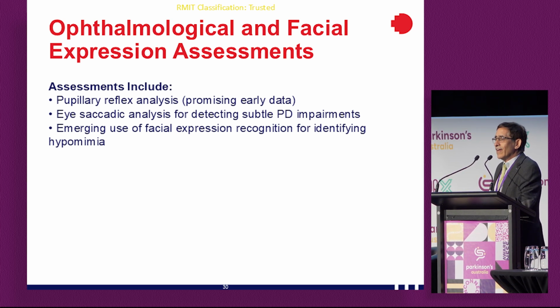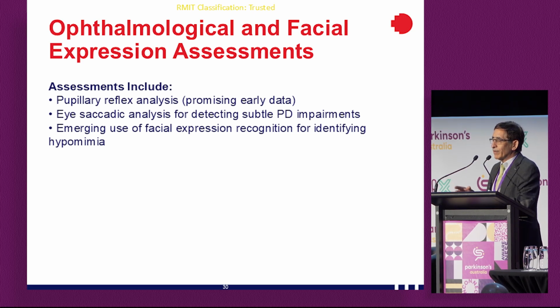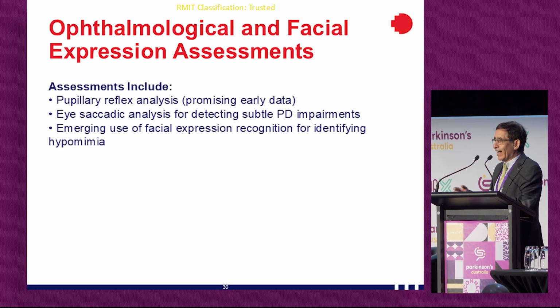Another factor is that it corresponds to a different aspect of the disease, and so neuroscientists would like to know more about it, because that will tell them the relationship between what is happening at the eye and the basal ganglia, and this is a work in progress.